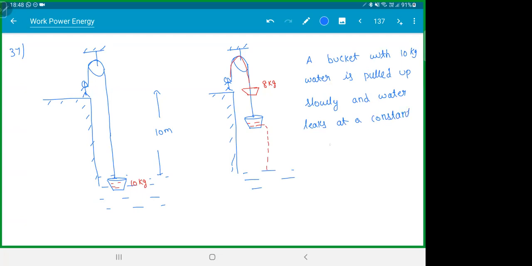So when it reaches up, the weight is only 8 kgs. It has only 8 kgs of water. Find the work done by the man. Let's get this.